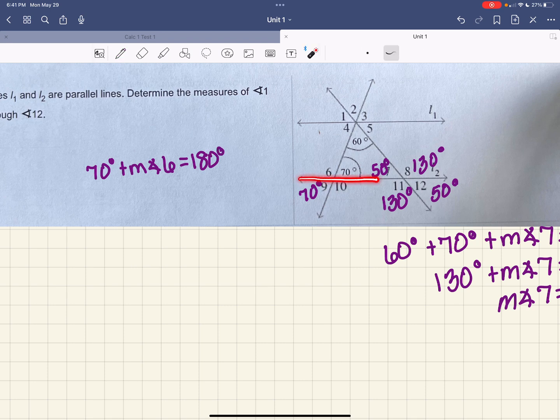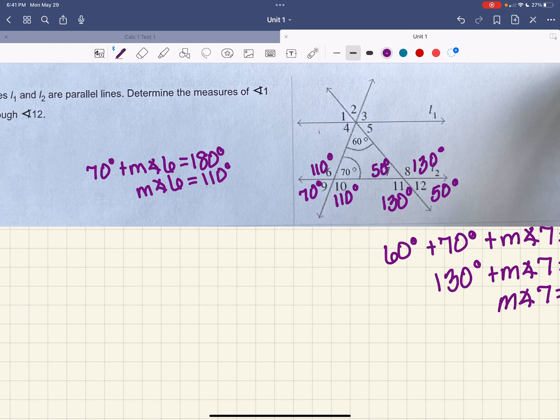They make a straight line. So I subtract 70 from both sides, and I get the measure of angle 6 is 110 degrees. That means that angle 10 is also 110 degrees.